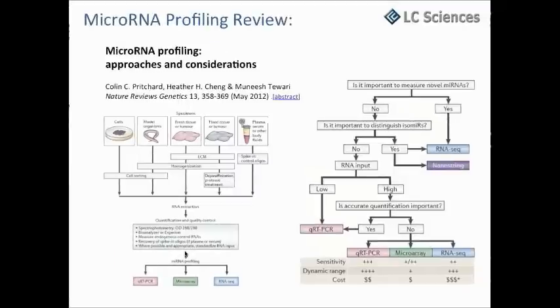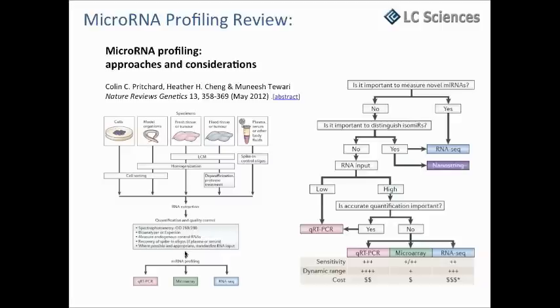Then if you look at the field in general, especially if you're new to the microRNA field, this receives my highest recommendation. This is a Nature review paper which came out in May of this year. It basically talks about the different microRNA profiling methods, mostly focusing on qPCR, microarrays, and RNA-seq, outlining and highlighting the strengths and weaknesses of each method and what you should consider when designing your experiment.